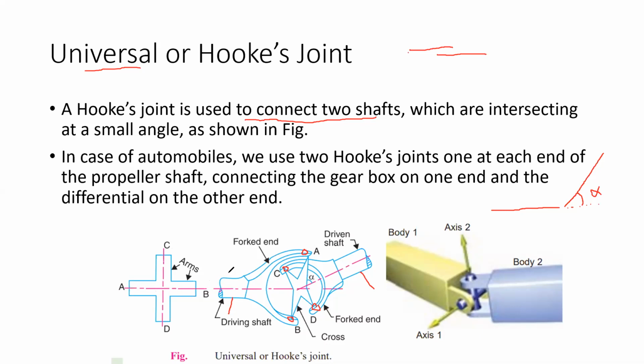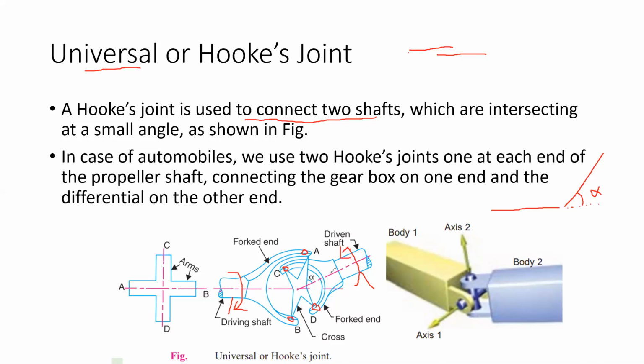When you give motion to the driving shaft, as it rotates, that motion is transmitted to the cross, and the cross transmits that motion to the driven shaft. So the driven shaft also starts rotating.